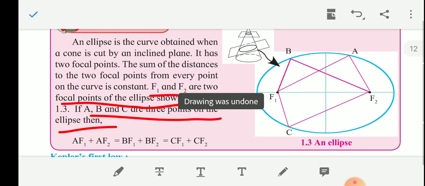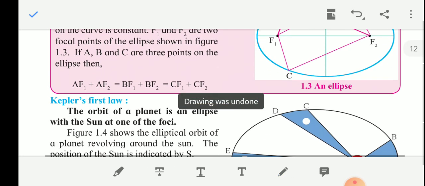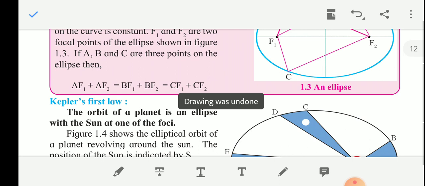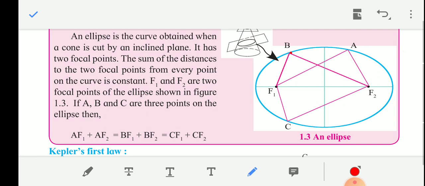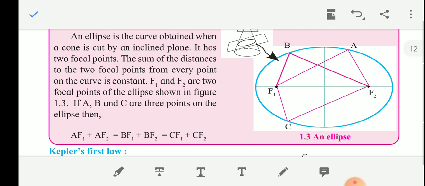This means that for any point on the ellipse, like A, B and C, the sum of the distances from the two foci of the ellipse is the same, a constant. This is a property of the ellipse.